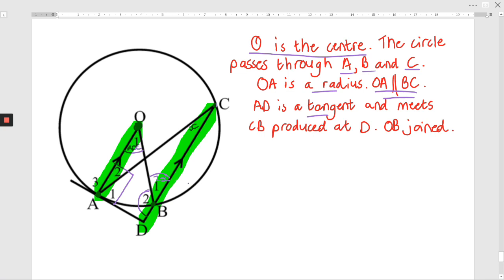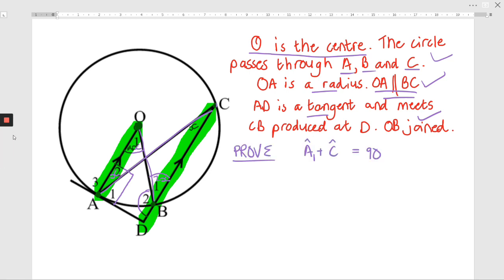I've also got an x with my parallel lines, made by O, B, and then AC, which always means two sets of alternate angles. So my A2 is going to be an x, as I marked C there. AD is a tangent and meets CB produced at D, and O and B is joined. All of this has pretty much been covered now. Let's look at the questions.